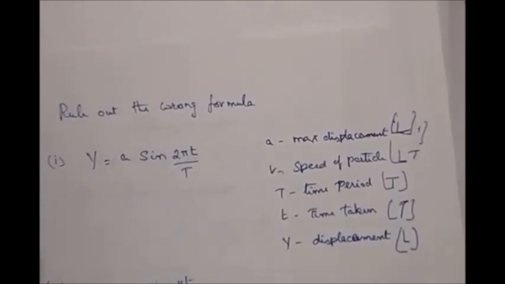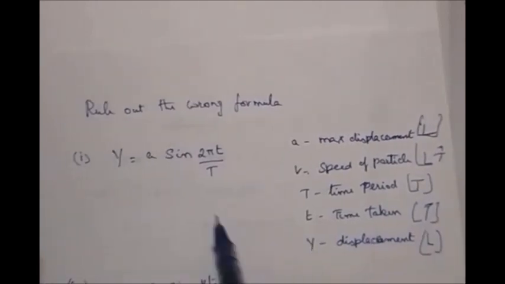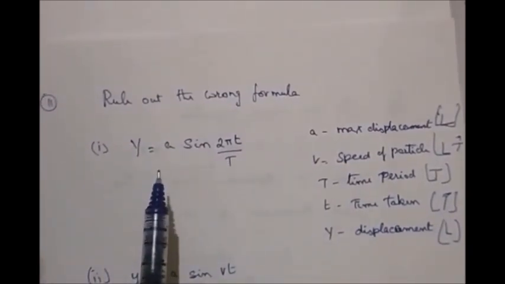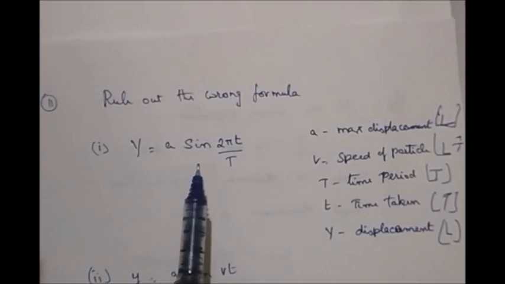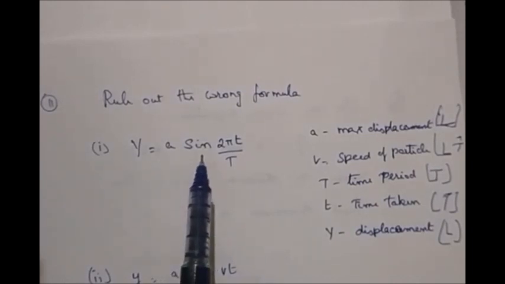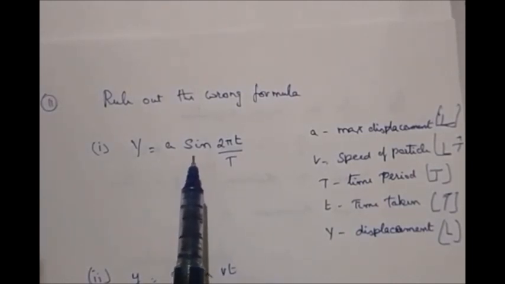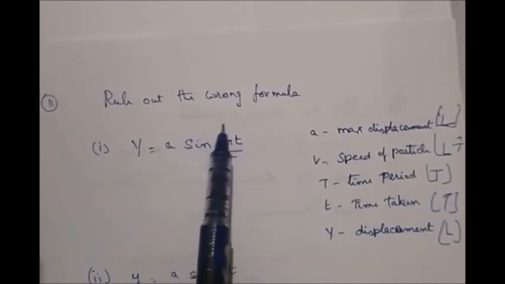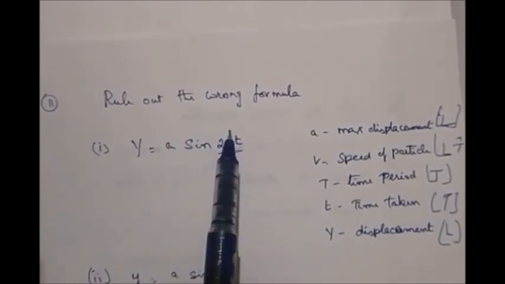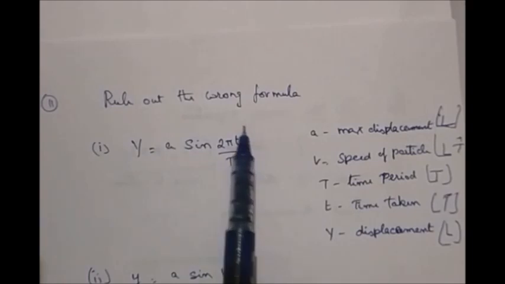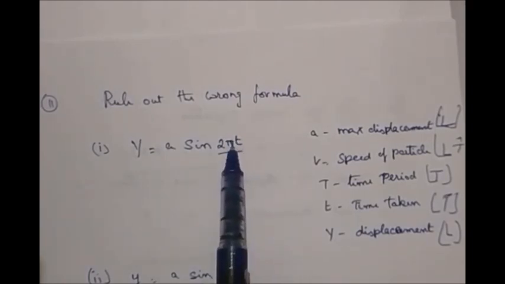Now we need to find out whether this is wrong or right. First thing: whenever you see a formula like this with a sine, the entire term inside is going to be dimensionless, because it is an angle, and an angle is dimensionless.